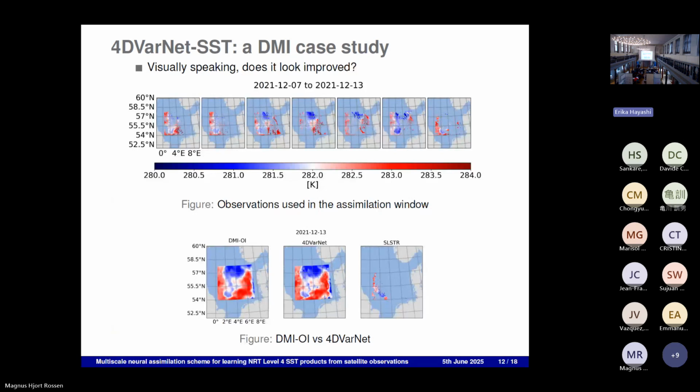You don't do it by yourself. You let the network learn by itself what the coarse resolution is, based on this space-time window. Even if you don't have SLSTR, it managed to do that. And of course, we expect the performance to be better if we keep SLSTR for true operational products.